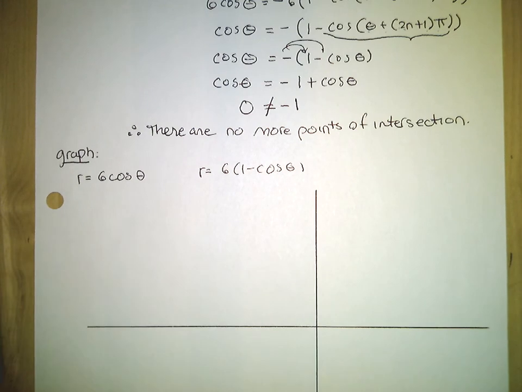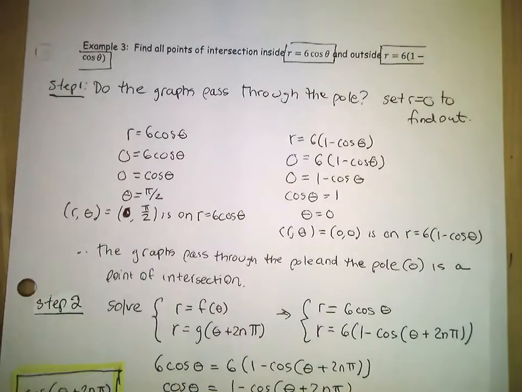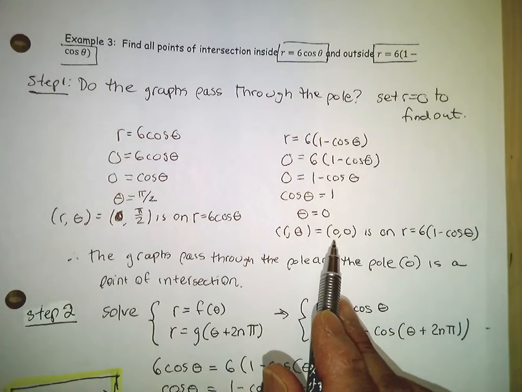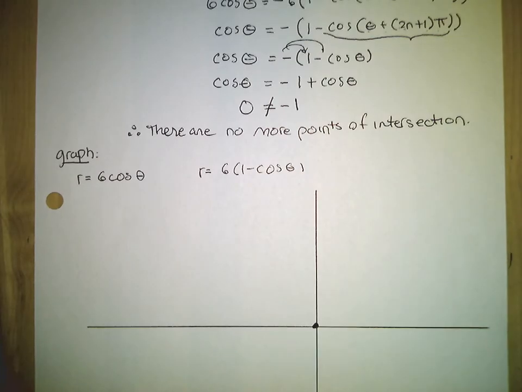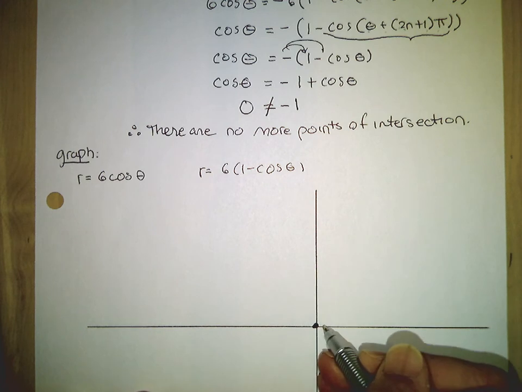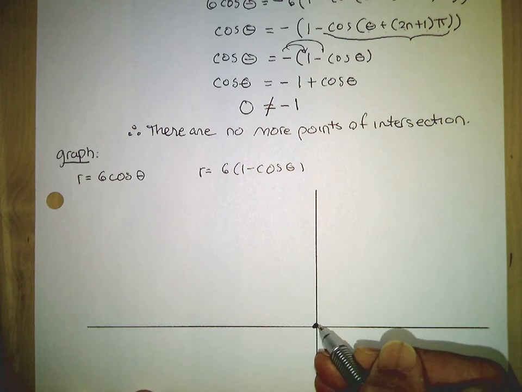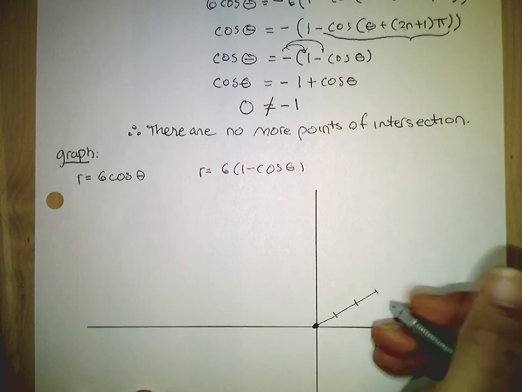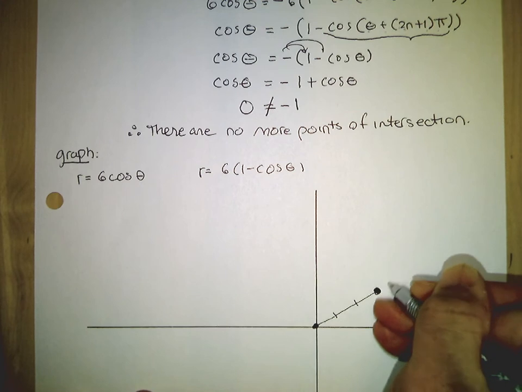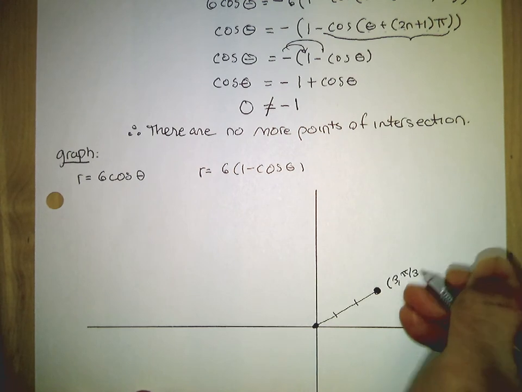All right, so we knew that one of the intersection points was, if you remembered, right, (0, 0). And then we knew one of them was (3, pi over 3). So let's say pi over 3 is over here. So 1, 2, 3. So here is one of the intersection points, and that (3, pi over 3).